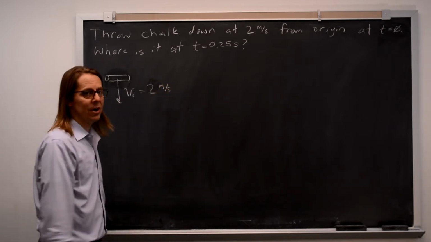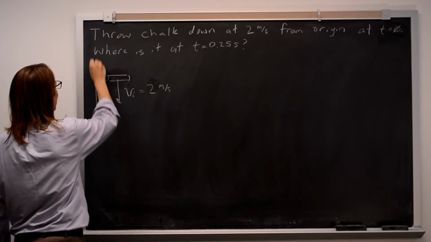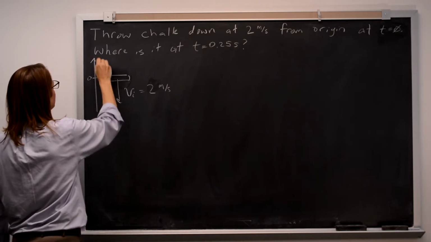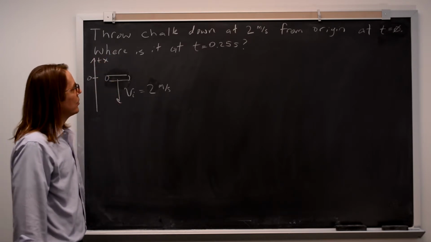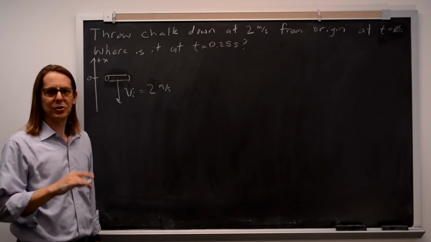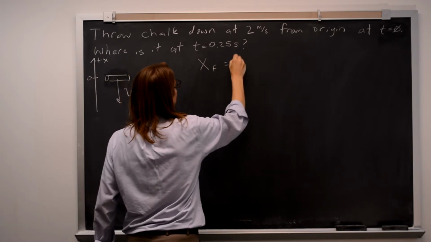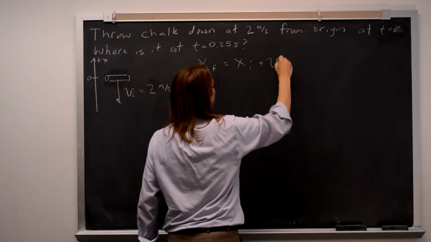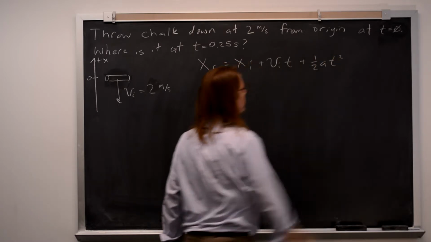So an initial v initial, 2 meters per second, we said it is from the origin, so even if you define up as positive, we got to put the origin there, plus x. So the question is, where is it at t equals 0.25? So still, it is a plug and chug problem. You just put in the values for x final equals x initial plus v initial t plus 1/2 a t squared.